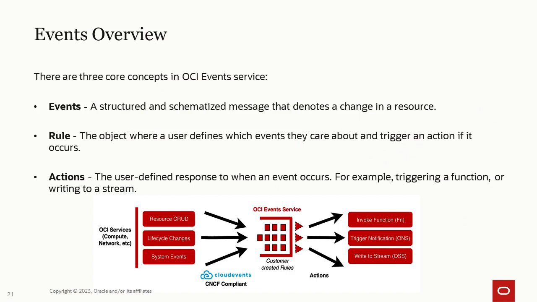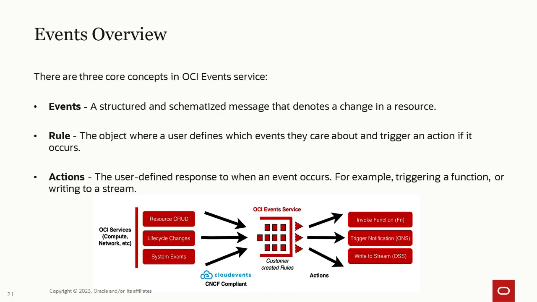All right, so next we have our event service overview. We will go over this and just talk about how you can utilize this on OCI. This service is essentially an event routing platform. There are going to be 3 core concepts that have to do with this specific event service. We have events. These are structured and schematized messages that denote a change in a resource.